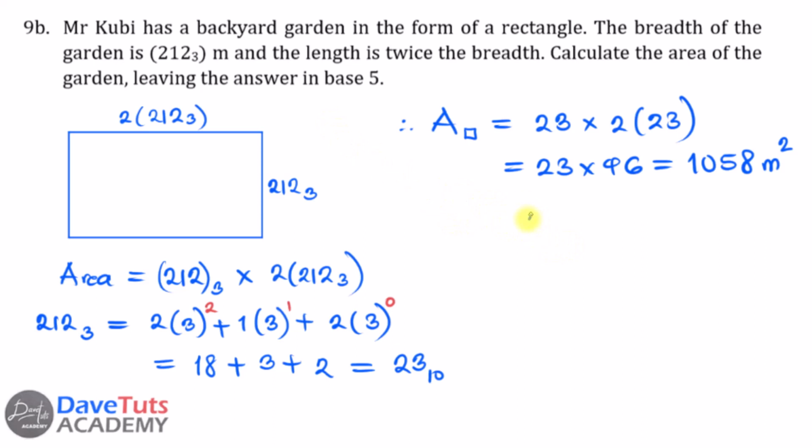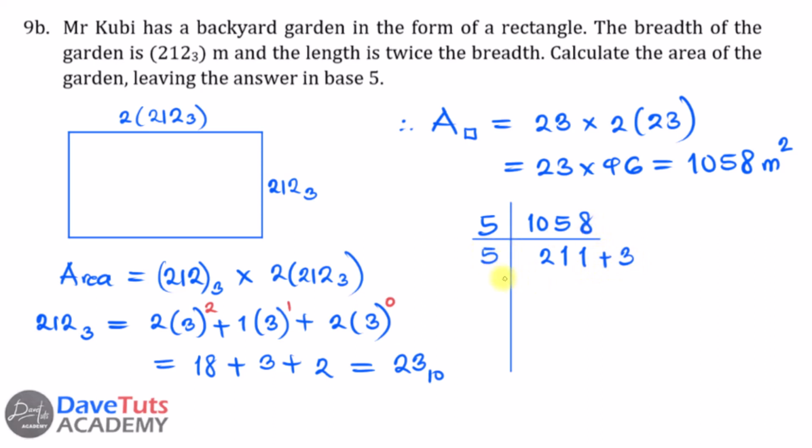So we have 1058. We'll be dividing with 5. We can just do our long division, dividing straight like this. 5 in 10 is 2, 5 in 5 is 1, 5 in 8 is 1, remainder 3, because 5 times 1 is 5, plus 3 is 8.